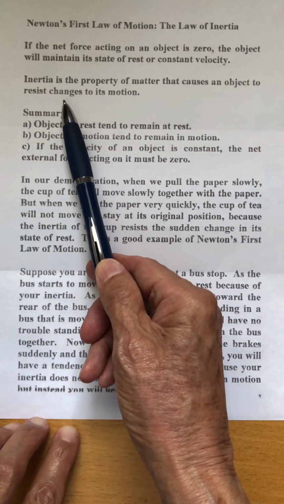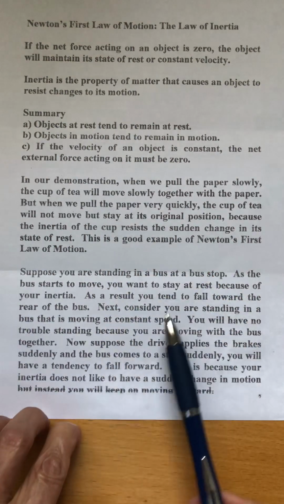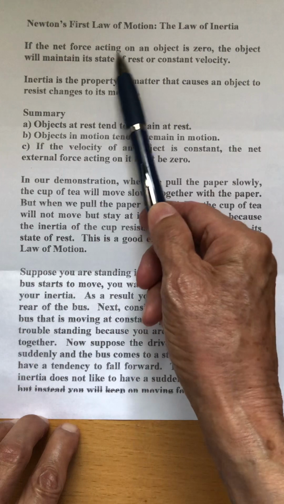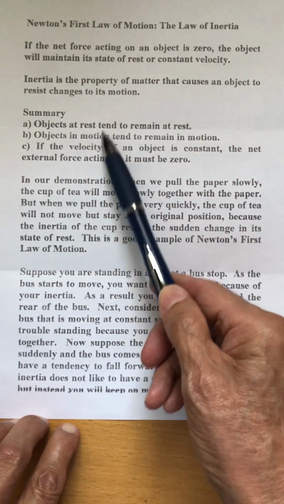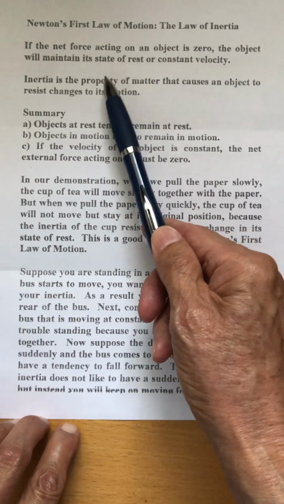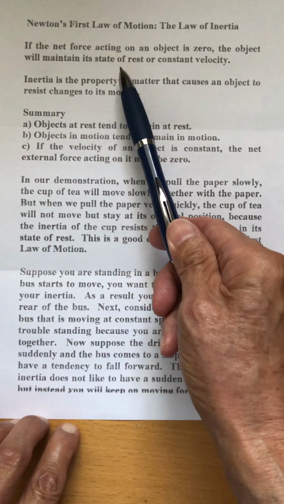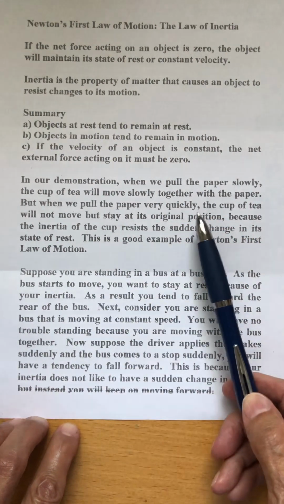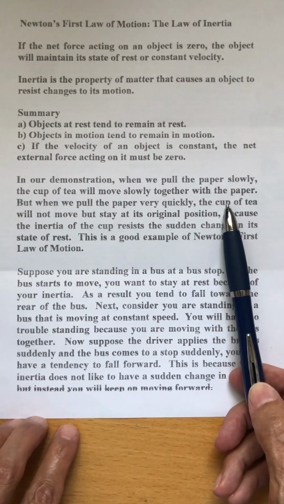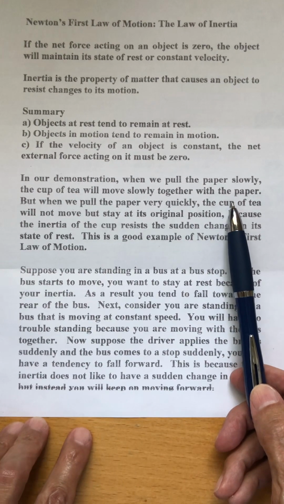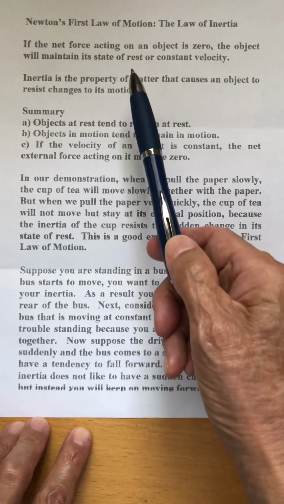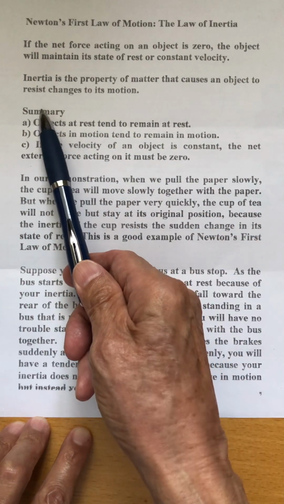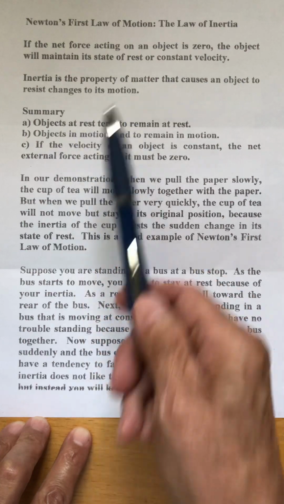In other words, this is the same as the first statement. If the object is already at rest, then it does not like to change. It does not like to move. It wants to keep the state of rest. So that means resist changes to its motion.